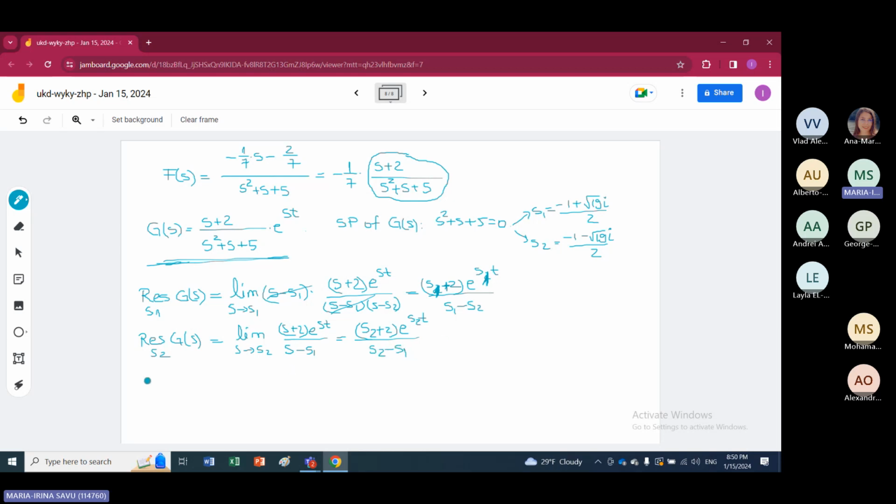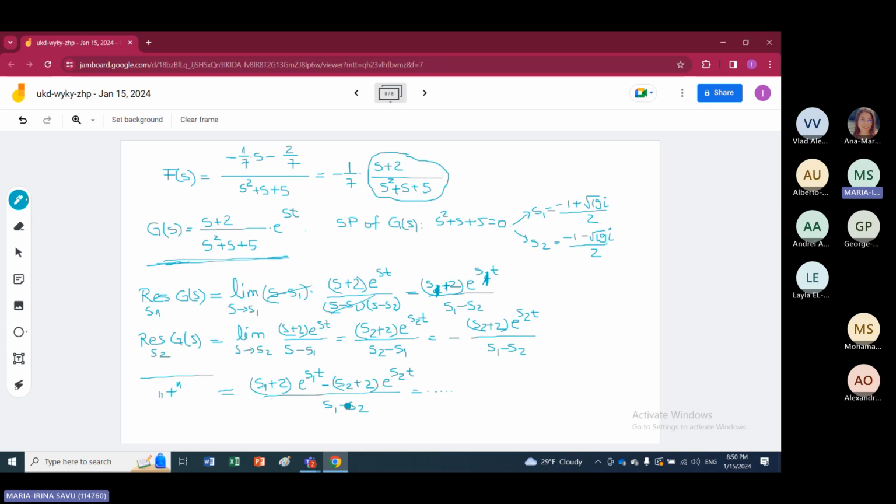And the advantage here is that when you add these residues, you get that the sum is actually a fraction, because I'm going to write it in this way. The sum is S1 plus 2 times e at S1t minus S2 plus 2 times e at S2t over S1 minus S2.